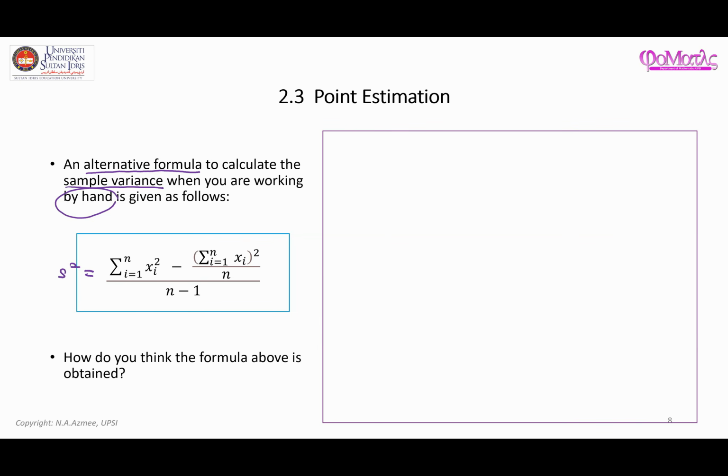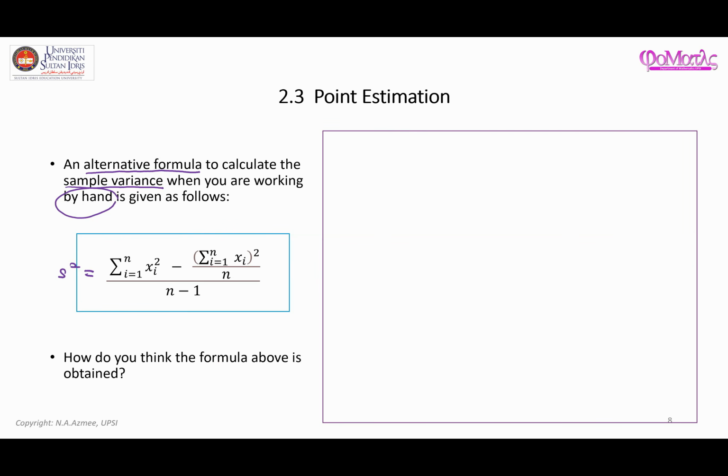So it is going to be tedious. So this formula is going to be helpful in order to calculate the sample variance when you are in that particular situation, okay? So here I'm going to show you how the formula above is obtained.